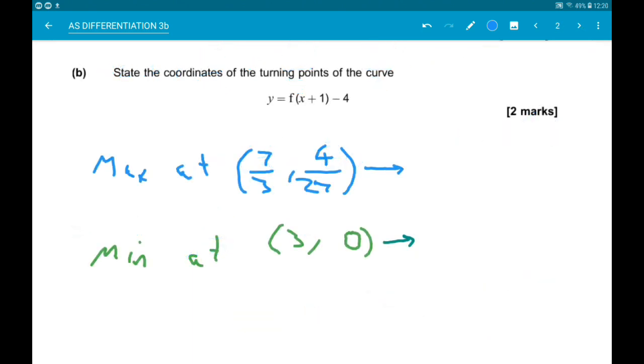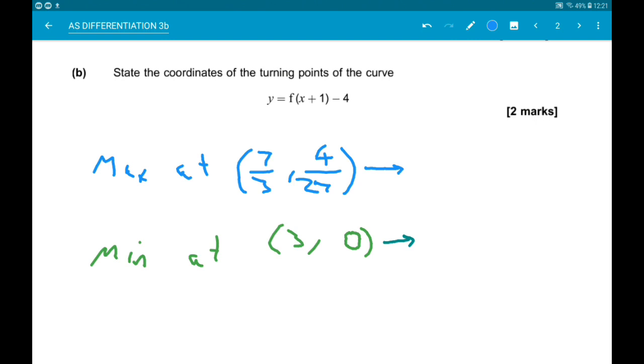Okay, then part B wants us to state the coordinates of the turning points of y equals f of x plus 1 minus 4. So f of x plus 1 is a translation 1 to the left, so we need to subtract 1 from the x coordinates, and then the minus 4 moves us 4 down, so we're subtracting 4 from the y coordinates.